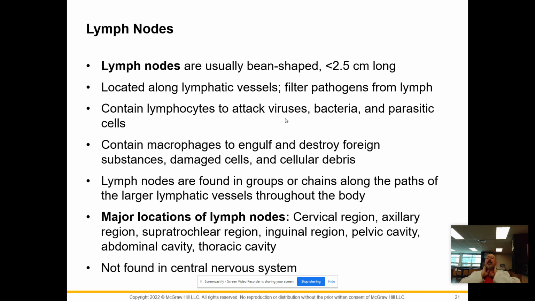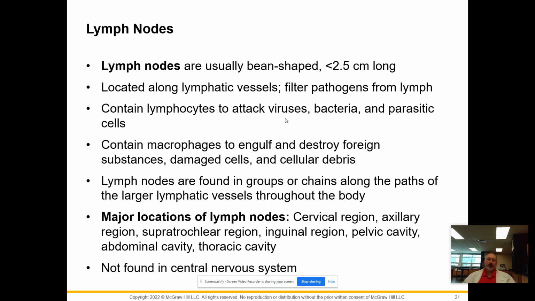Whenever you're feeling your neck, usually when there is some kind of viral or bacterial infection or even a parasitic, you're going to have inflammation of this area because you're going to have a lot of lymphocyte activity going on, and these lymphocytes are most active in our lymph nodes. And so we're going to have swollen lymph nodes and oftentimes discomfort in that area when we have an infection.